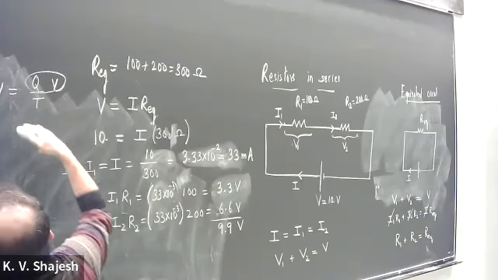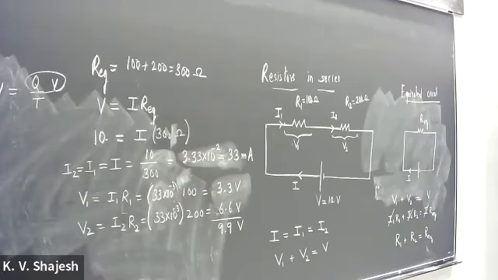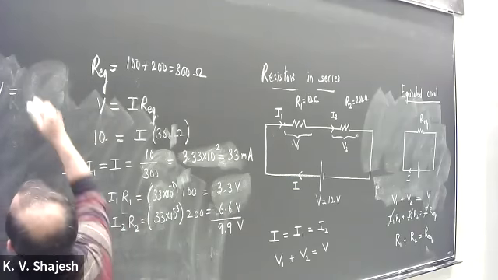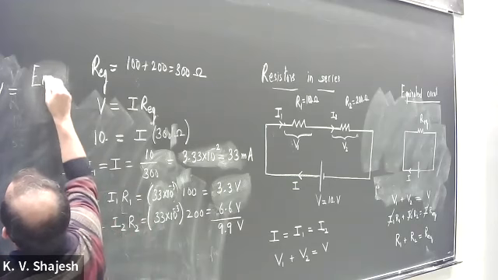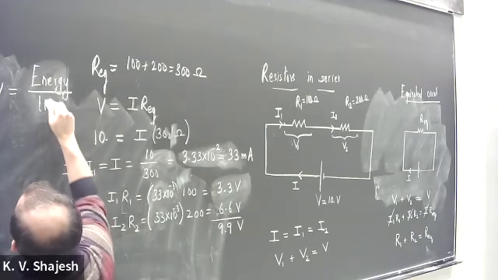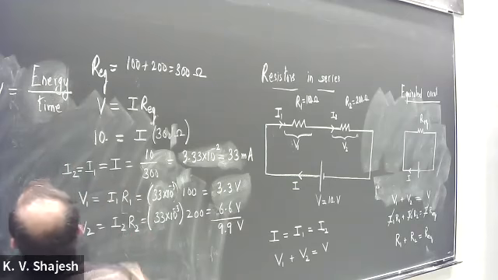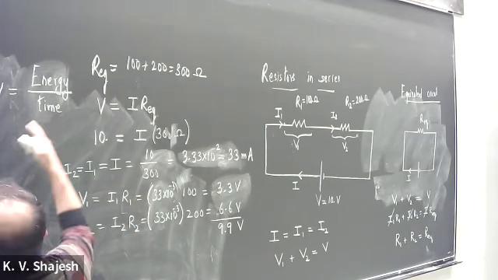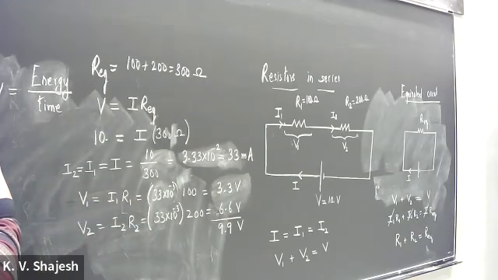So energy per unit time is what is defined as power. That leads to the idea of what's the unit of power. That will be joules per second, and that's a watt.